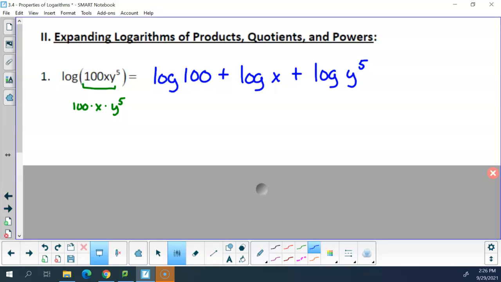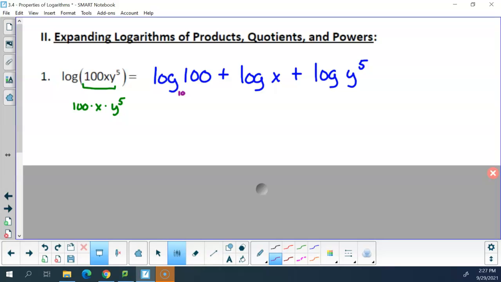Now I need to say to myself, can anything else be simplified? And the answer is yes. Because 100 is a power, remember our base here is 10. 100 is a power of 10. What power of 10 is it? 2, right? Okay.